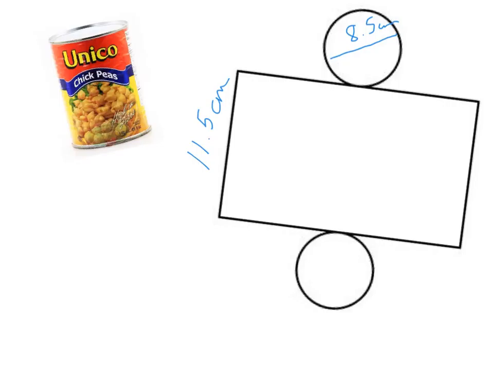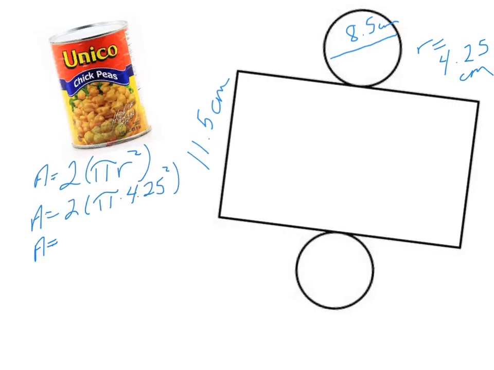To find the area of the circles, I only need the radius rather than the diameter, so I have to cut that in half. 4.25 then is my radius. The area then of the two circles is equal to 2 times pi r squared, and I'll go ahead and do that calculation.